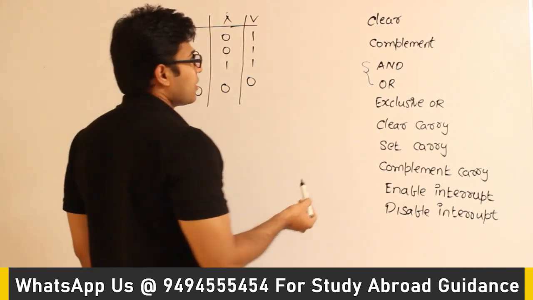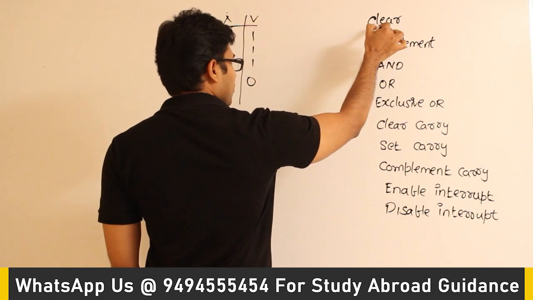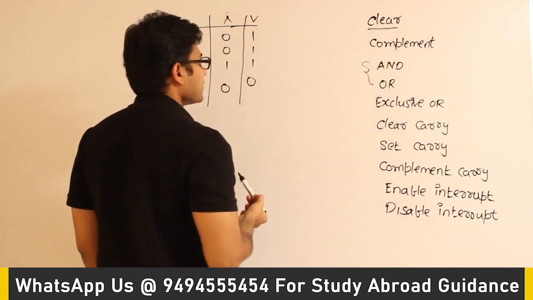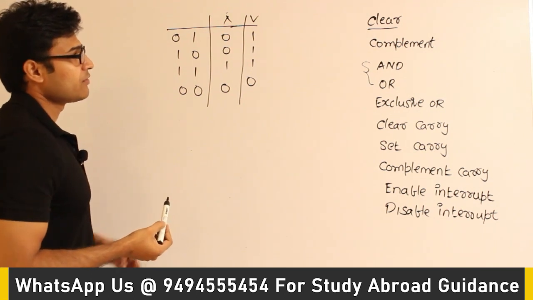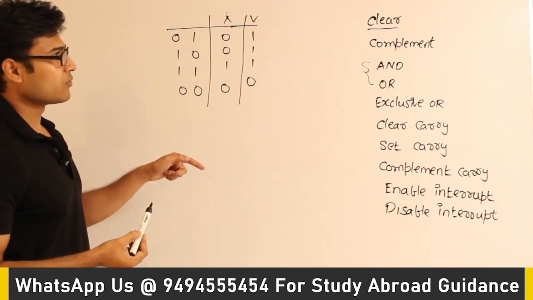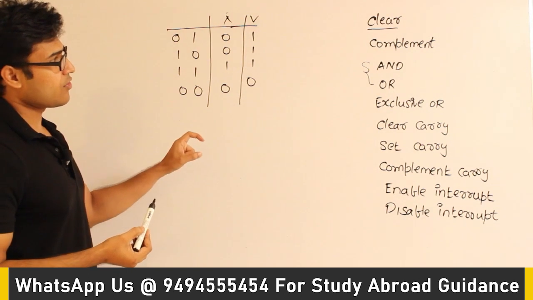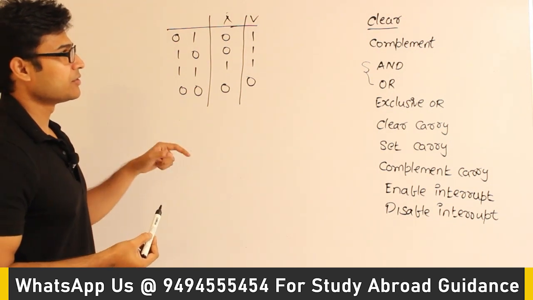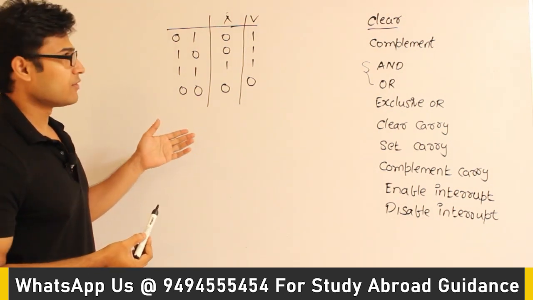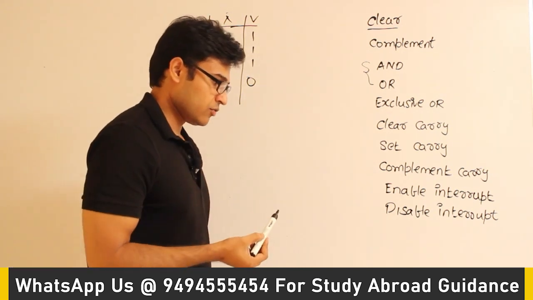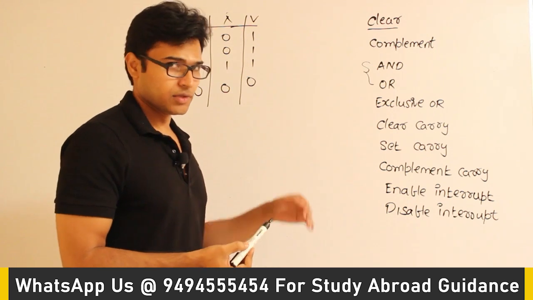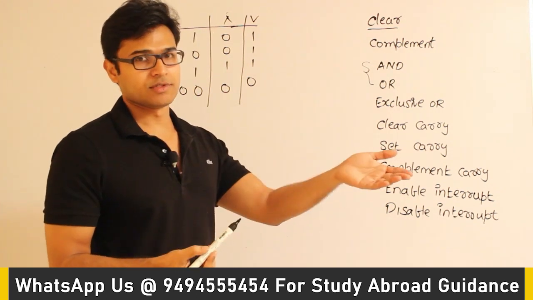Now we have one more logical operation called clear. Clear is generally done at the register level, and we know that every register is made of flip-flops. Flip-flops already have a control called the clear input, right? If you look at the SR flip-flop or JK flip-flop, if you give the clear input as 0, the output is going to be 0.